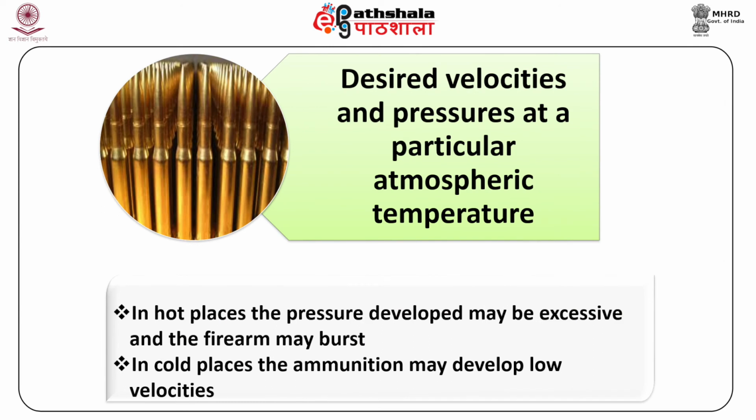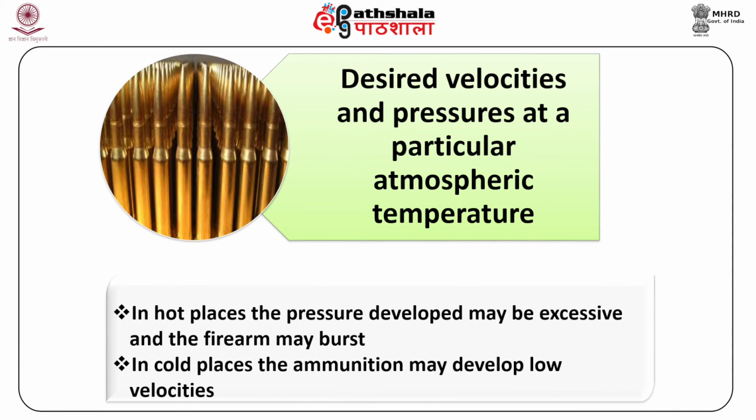The ammunition is manufactured to give the desired velocities and pressures at a particular atmospheric temperature. If the temperature differs only slightly at the place of use, the ballistic aspects are not seriously affected.